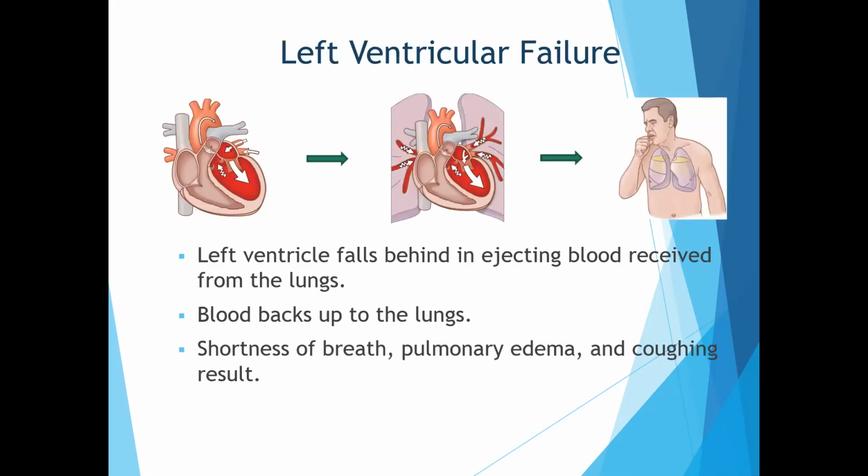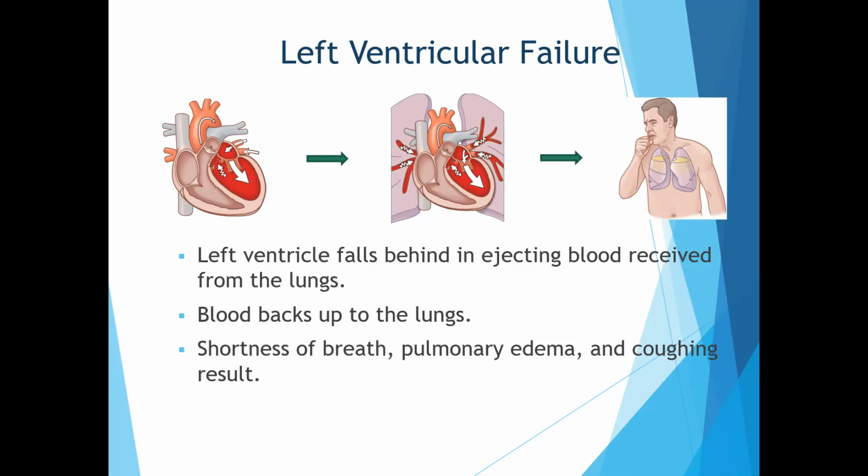Okay, now we're going to talk about the two different kinds of heart failure to wrap things up. If the left ventricle can't pump against the afterload of the body, or is having issues with backflow from the aortic valve or not filling properly, then blood ends up backing up in the lungs, because remember, the lungs send blood to the left atrium.